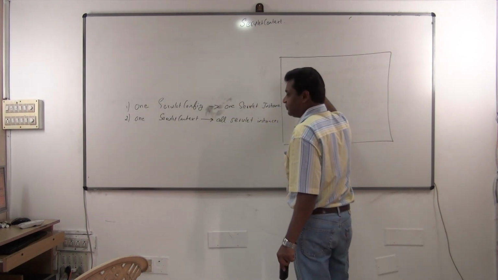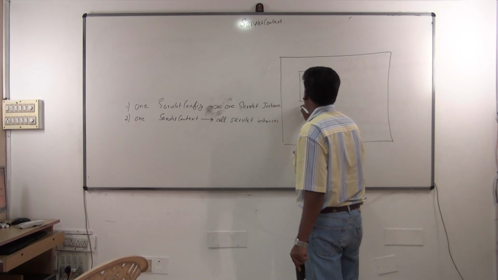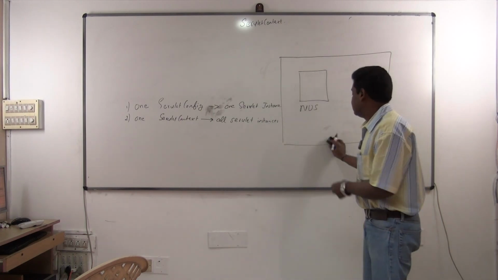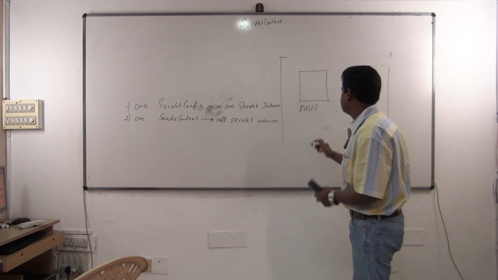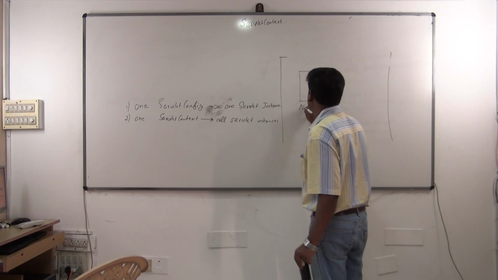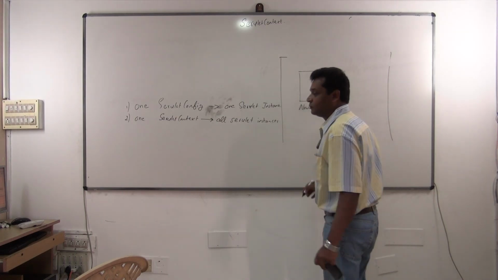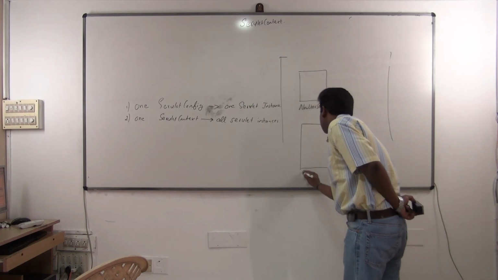See, one would be new user servlet, I'm writing it in shortcut, and the other one would be customer servlet.